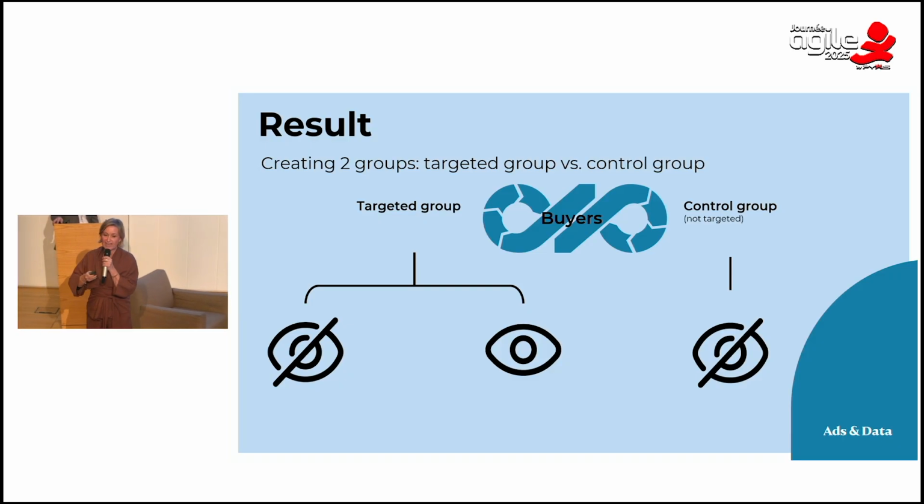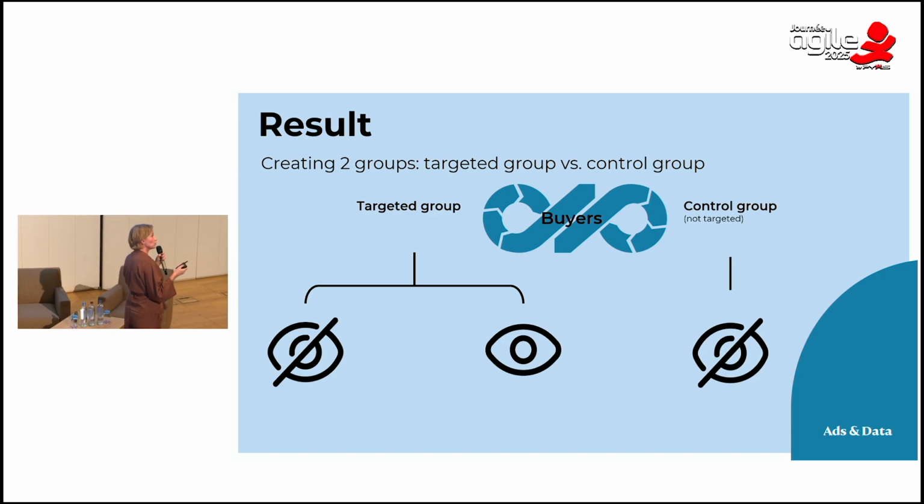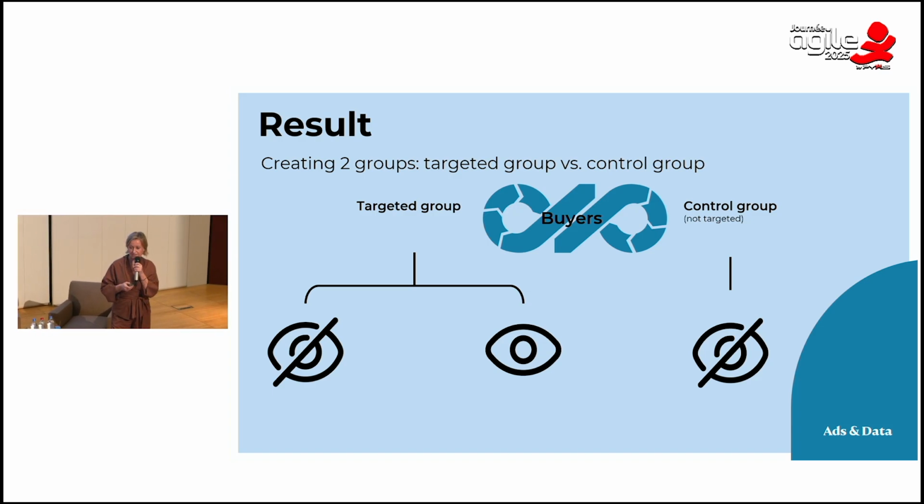In the closed loop measurement, we will compare the performances of these two groups to see what the impact of the campaign is. We can measure, for example, conversion and buy rate of the two groups, but we can also measure other parameters.